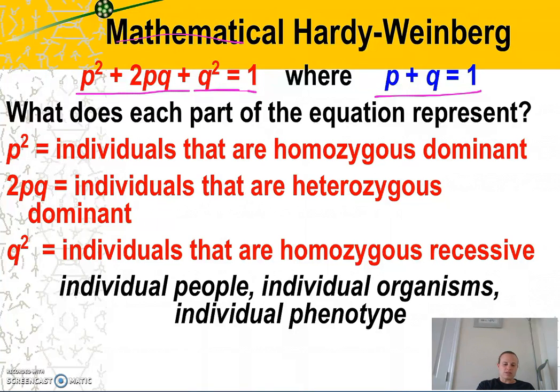Well, let's tackle this first part. p squared refers to individuals that are homozygous dominant. 2pq refers to individuals that are heterozygous, and q squared refers to individuals that are homozygous recessive. Notice, in all of these cases, we were talking about individual people, individual organisms, or individual phenotypes.